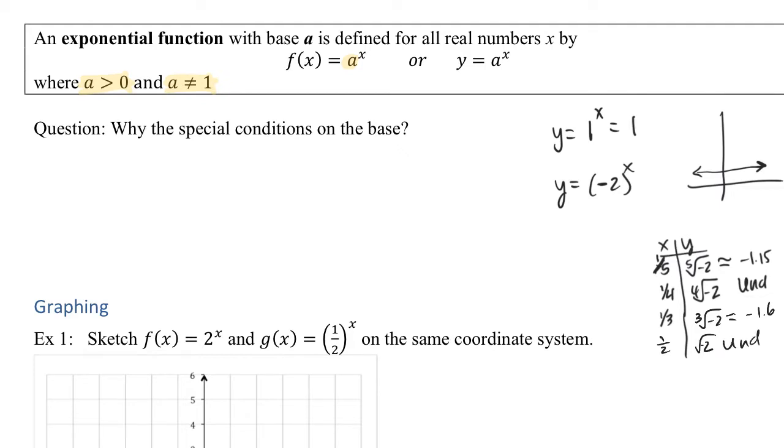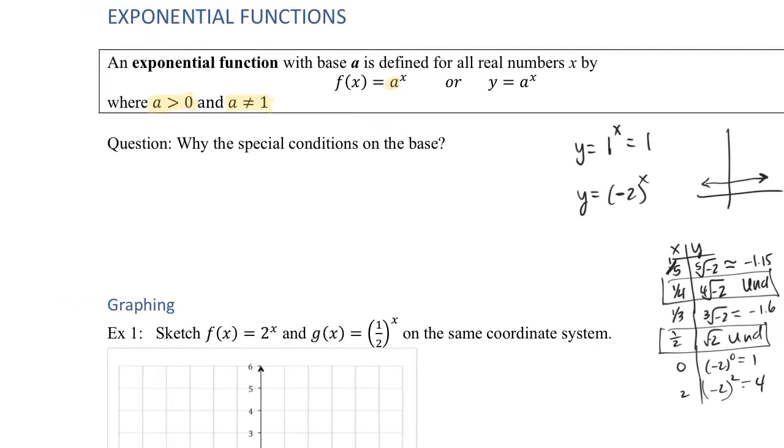If you took it to the 0 power, that's 1. So what ends up happening is there are all these funny little holes where it's undefined, and so it doesn't share characteristics of all of the other exponentials if you had a positive non-1 base.